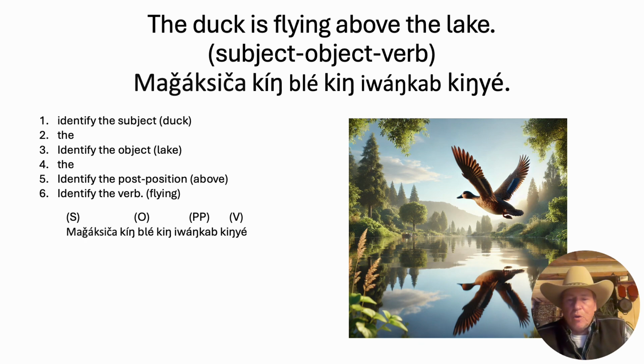And the verb that he's doing is flying. So duck, the, lake, the, above, it is flying. Okay, so that sentence becomes mahaksicha, duck, ki, the, ble, lake, ki, the, iwankab, above, kie, it is flying.